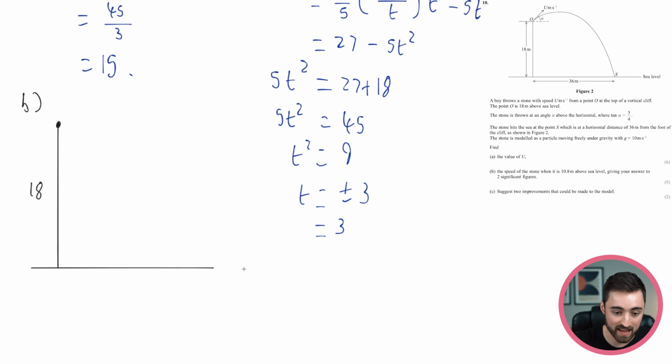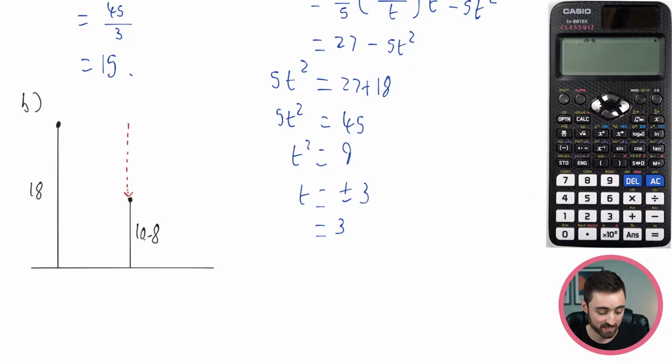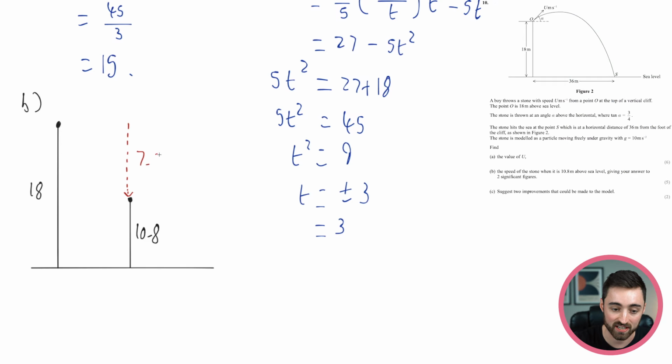If this is 10.8, what would my actual displacement be? Well, my displacement vertically would be the difference between 18 and 10.8. So if I do 18 minus 10.8 in my calculator, I'm going to get 7.2. So this distance here is 7.2 meters.